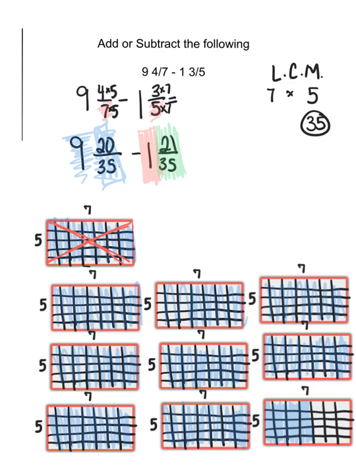Now, this is where the question of, like, how do you borrow with fractions, right? Because I'm going to cross out, here's 5 out of 35, 10 out of 35, 15 out of 35, 20 out of 35, and 21 out of 35.